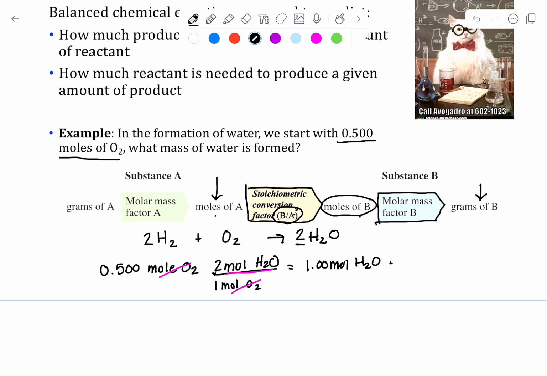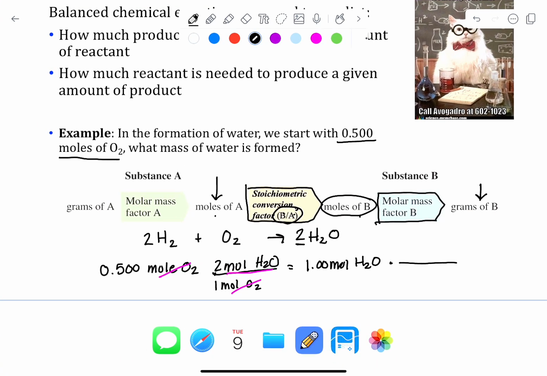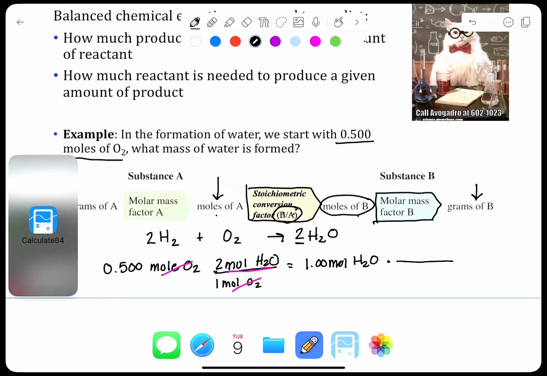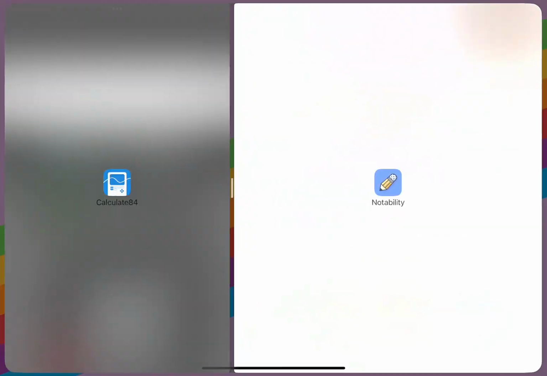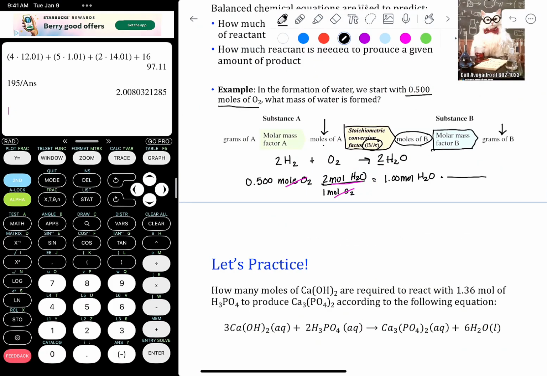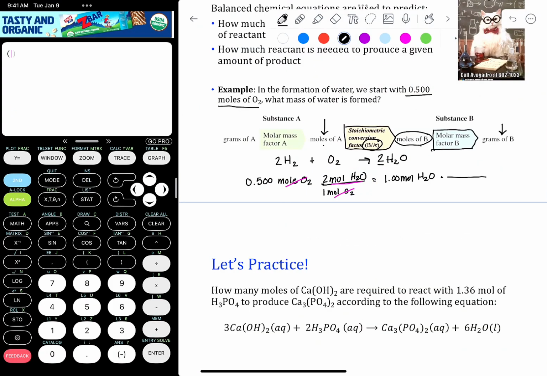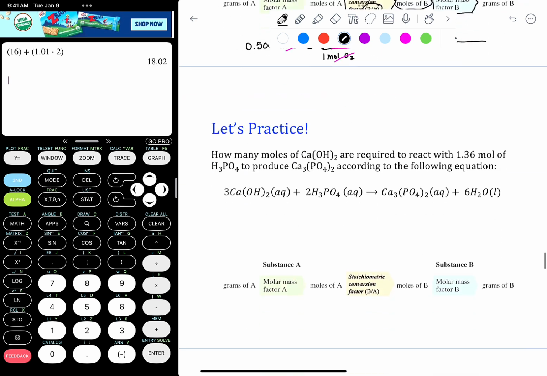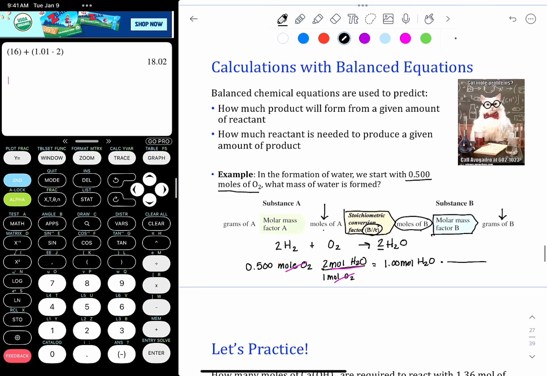So we need to find our molar mass of water. So our molar mass of water is going to be 16 plus 1.01 times 2, 18.02. Here's my problem. There it is.